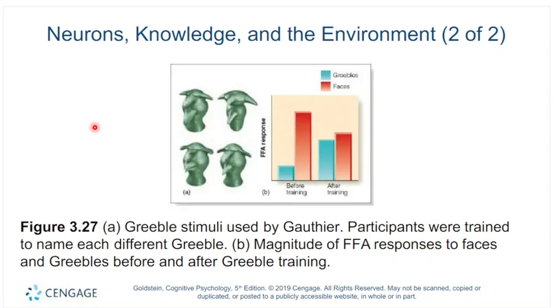So like for example, itong nasa A, since we're not really trained to look at this type of faces, parang it doesn't really register a lot to us. Whereas, so parang ito tayo, before training. Pero nakita nila doon sa kanilang experiment after they have trained people to not just respond to horizontal and vertical lines.